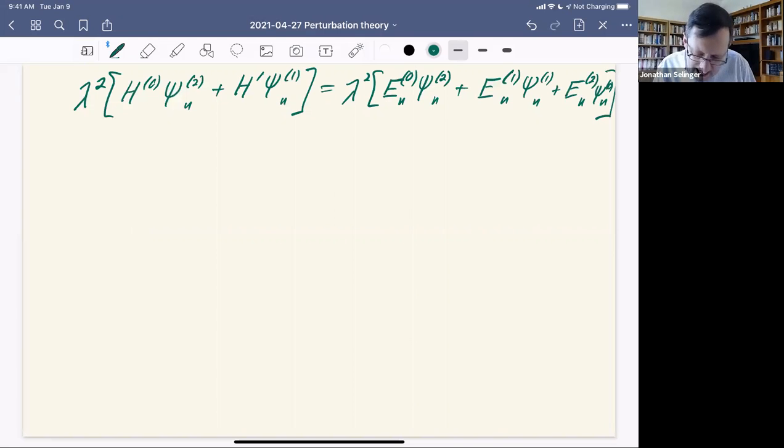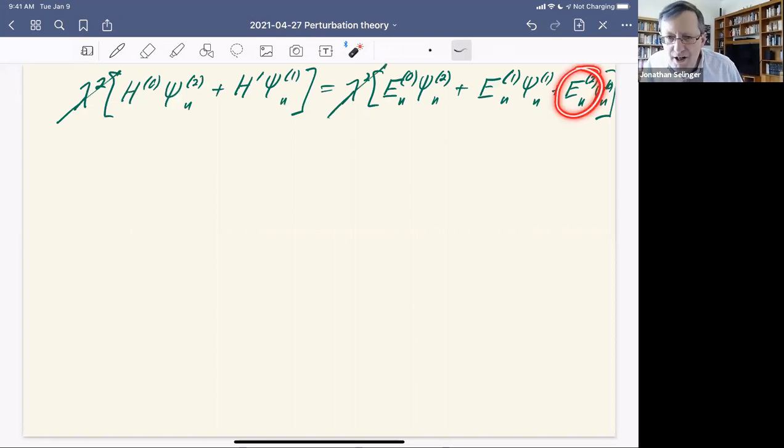Of course, we can cancel our factors of lambda squared. Now, what I really want to solve for is this factor, the second order change in the energy.